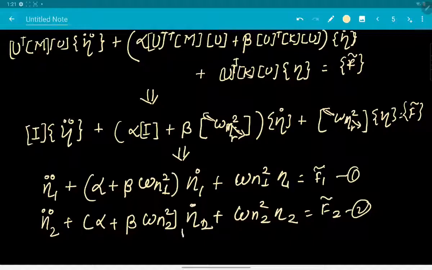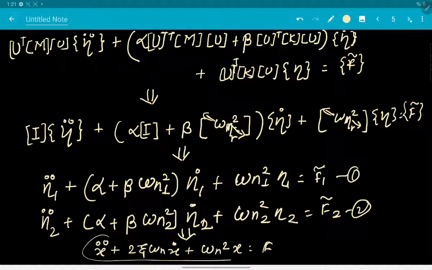Now you can see that this equation is the same equation that we considered in the case of damped behavior of a single degree of freedom system. So we wrote in that case x double dot plus 2 xi omega n x dot plus omega n square x equal to f.